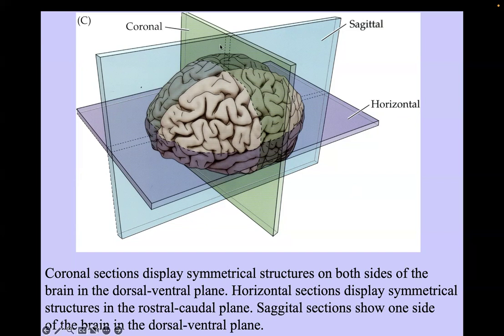Imagine that you can go down and cut here, and then you remove this part and look at what's left, and whatever you see on the right, you see on the left. But you don't know what's in front of you and what's behind. For that, you need another kind of sectioning. And that one is called the sagittal. It cuts from above, the top or the dorsal, down to the ventral. The thing here is if you remove one half, you will see front to back, but you have no symmetry because you're cutting in a plane where no symmetry is possible.